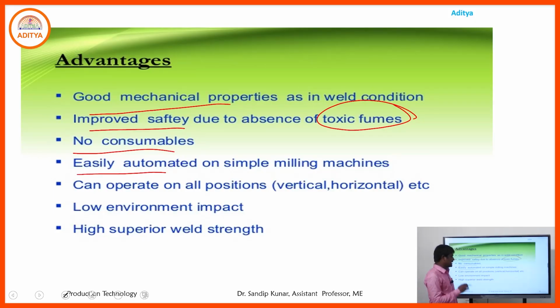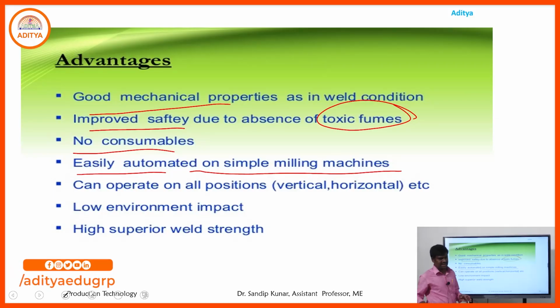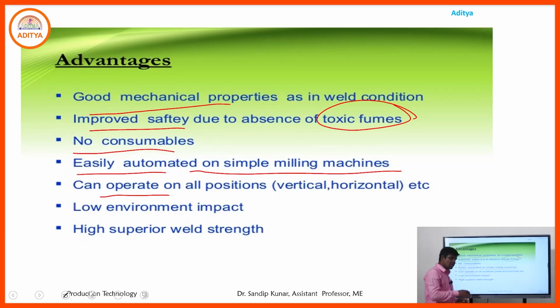It is easily automated, meaning the welding can be done automatically on simple milling machines. This welding process can also be used in all positions, vertical, horizontal, orbital, and overhead. The process has less environmental effect, meaning no toxic fumes and no other health hazards, so it has a low environmental impact.